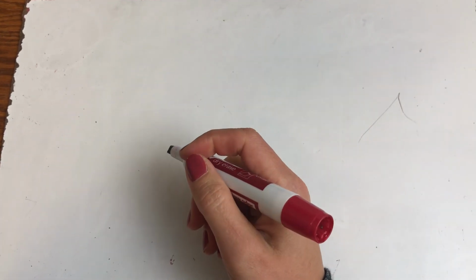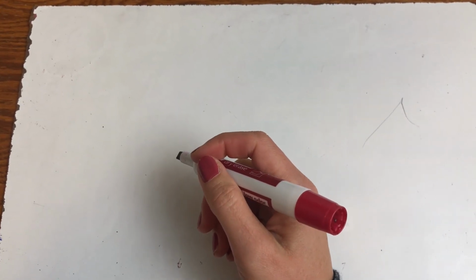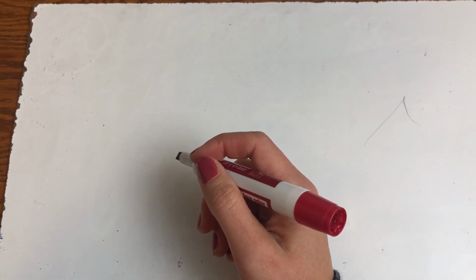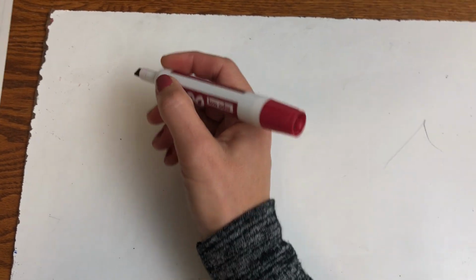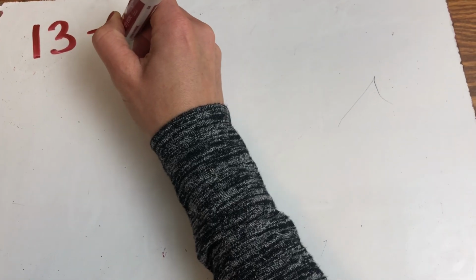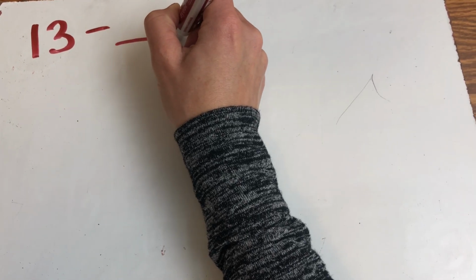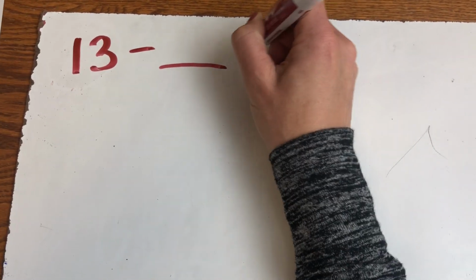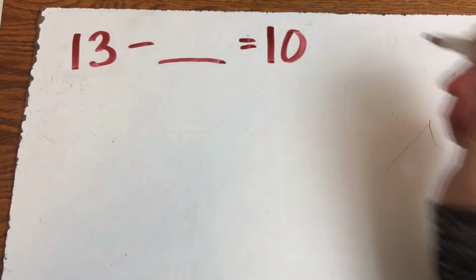To get us ready for that skill, let's practice some of our subtraction sentences that have 10 for a difference. Let's begin with 13 minus blank equals 10.